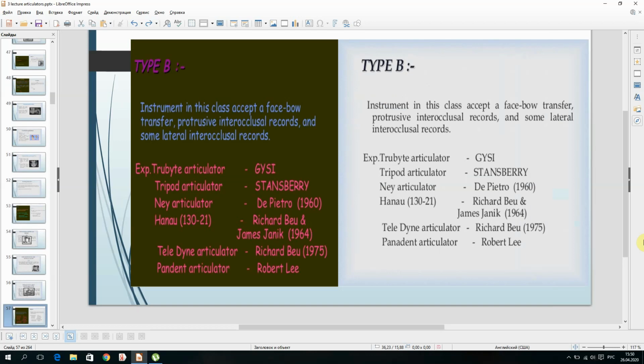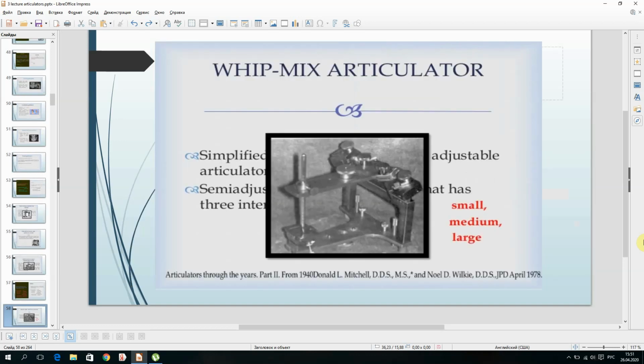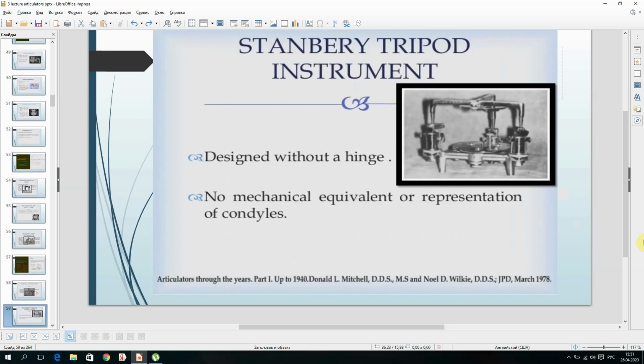Tribute articulator, tripod articulator, new articulator, Hanau, Teledyne articulator, and Panadent articulator by Gizzi, Stoneberry, Del Pietro, Richard Bew and James Janik, Richard Bew and Robert Lee. Whip Mix articulator in three sizes: small, medium and large.